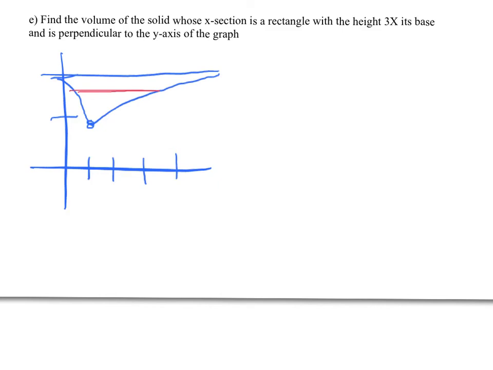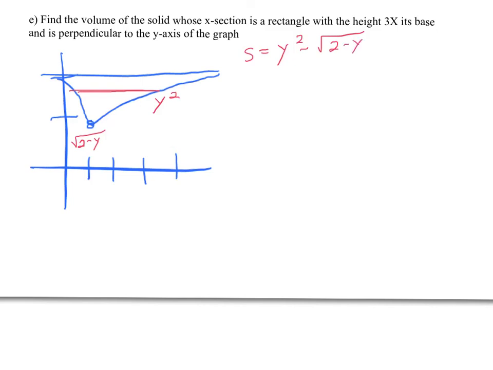So to find the base of the rectangle, I am going to do the right curve minus the left curve. And this does need to be in terms of y. So my right curve is y squared. And my left curve is the square root of 2 minus y. So my side of my rectangle is going to be y squared minus the square root of 2 minus y.